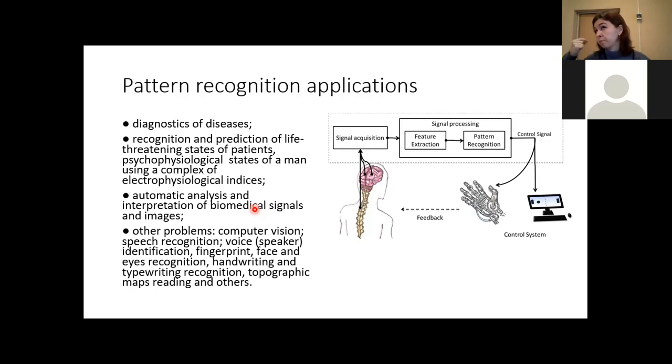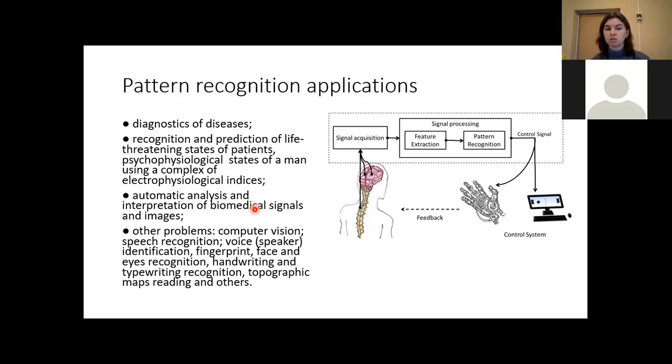When you track eye positions for patients with motion disorders, for example, they may do some manipulation. They may press buttons using their eyes to shift the mouse. Voice recognition, fingerprint, face and eye recognition, handwriting and typewriting recognition, topographic map reading, and others.